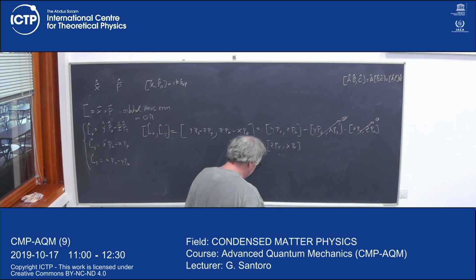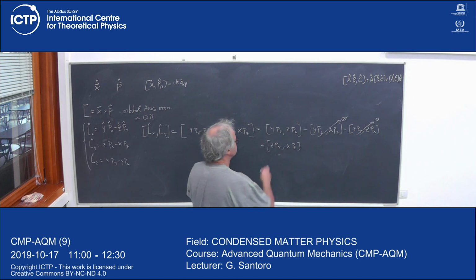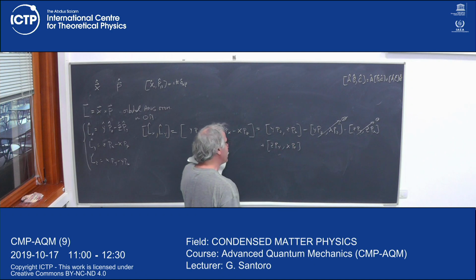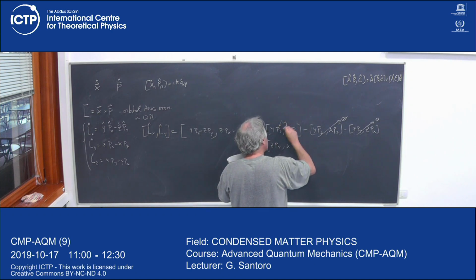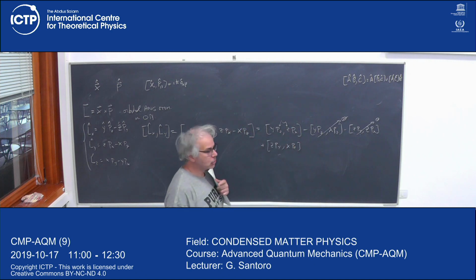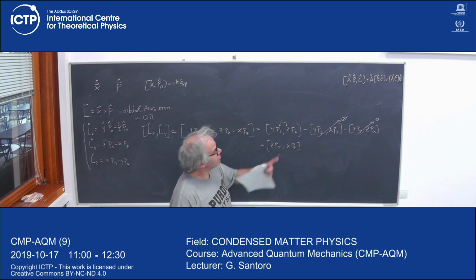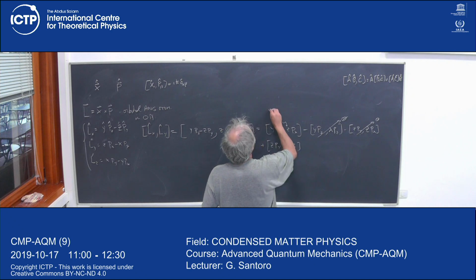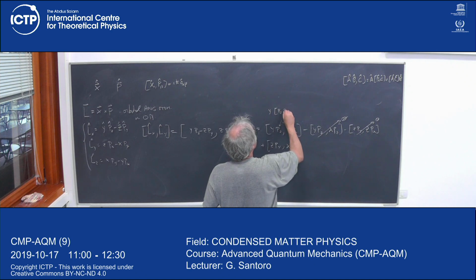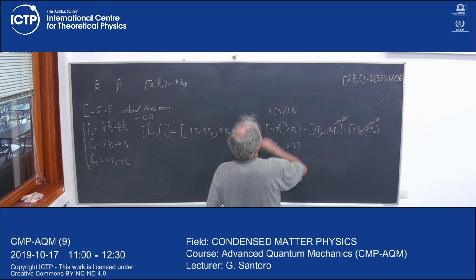The only thing I need to take care of are these two terms. Okay? And here, the two nasty guys are these two. You see? Because these two objects do not commute among each other. You have to do a couple of applications of that thing, but you would understand that the net result of this thing is the following commutator here.